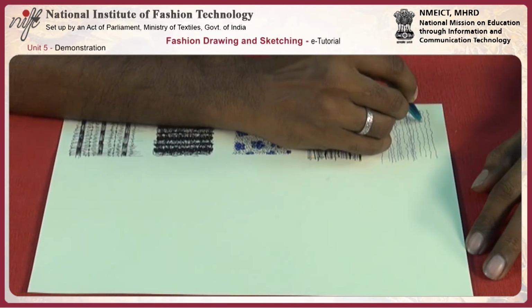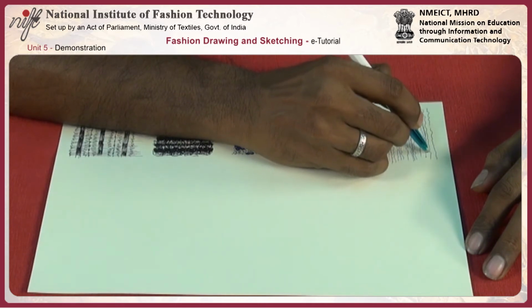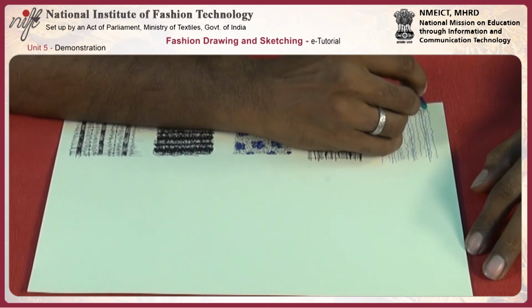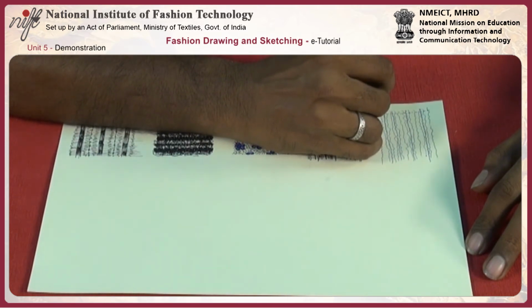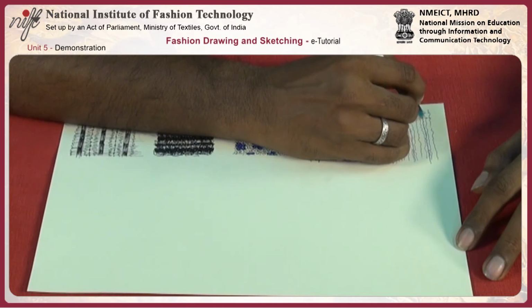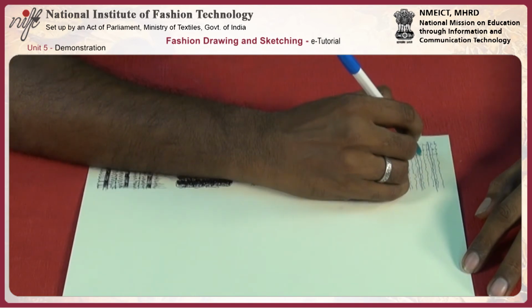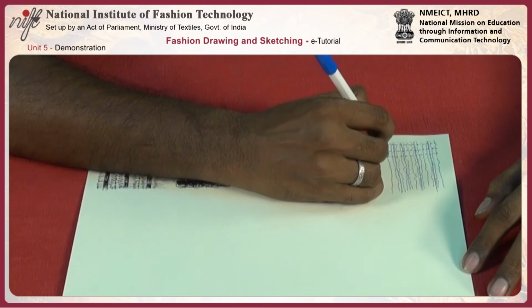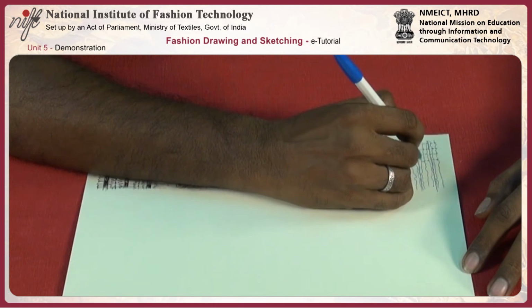The only variation is on one side I have used continuous freehand lines, while making the checks I have avoided using continuous lines and instead I am using broken lines but which are very uniform in nature.